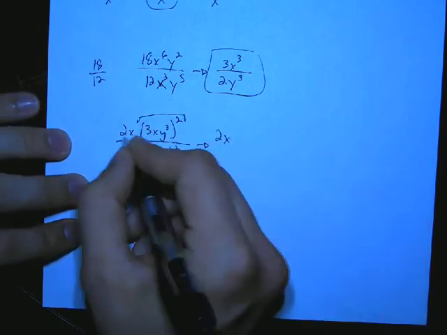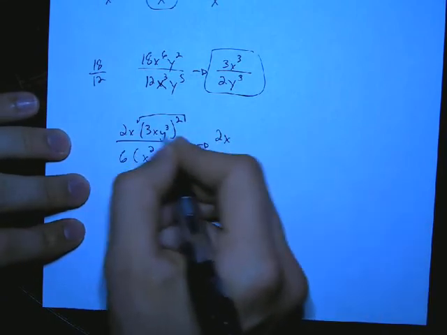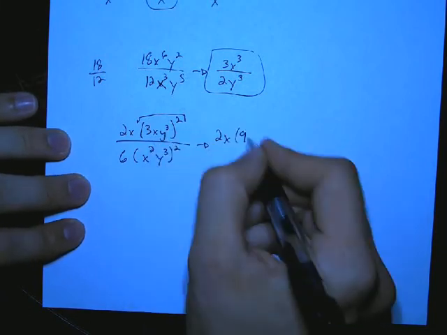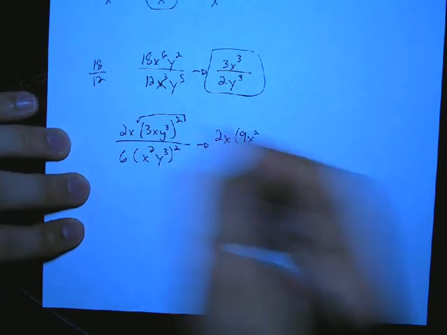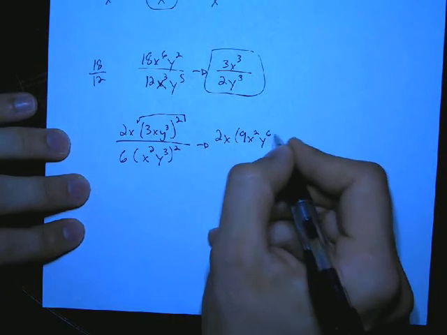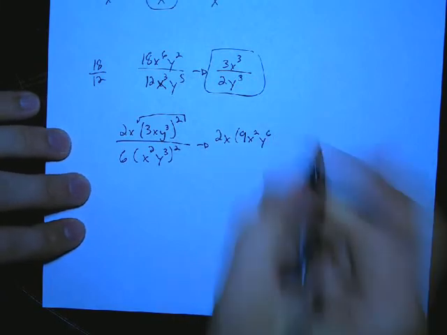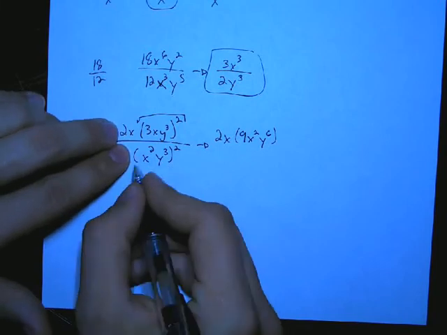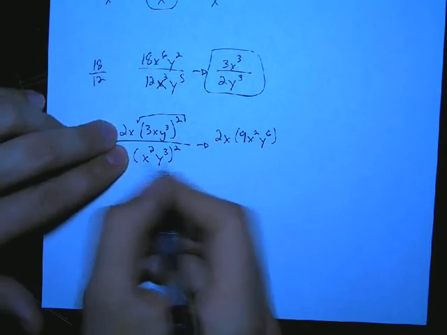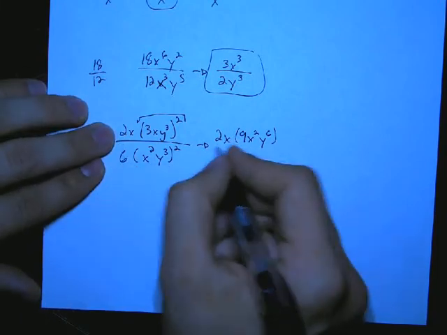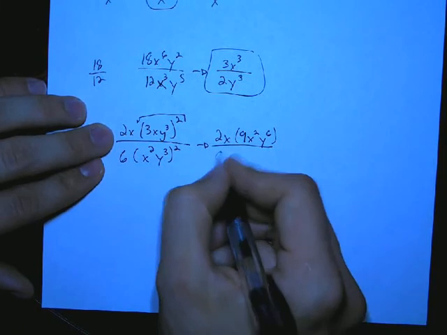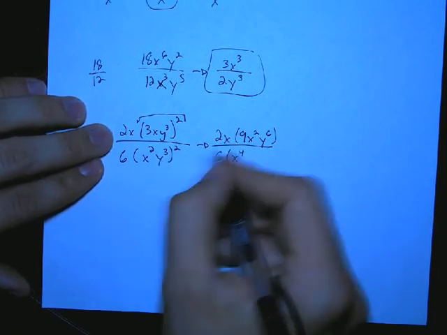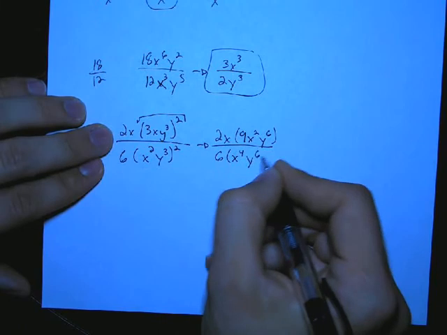The 2x is going to stay, and I'm going to square everything inside here. 3 squared is 9. x squared is, well, simply x squared. y cubed squared, 2 sets of 3, that's y^6. On the bottom, the 6 does not get squared. It's not inside that parentheses. Everything in here is getting squared. The 6 is outside, not going to get squared. So, 6 is on the outside. x squared squared is x^4. And y^3 squared is again y^6.